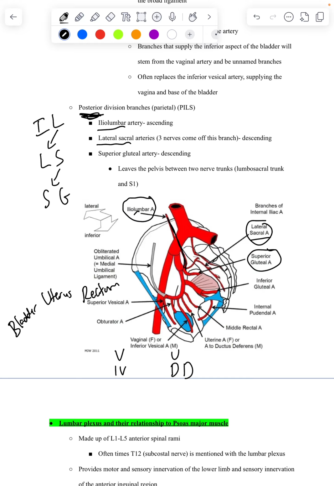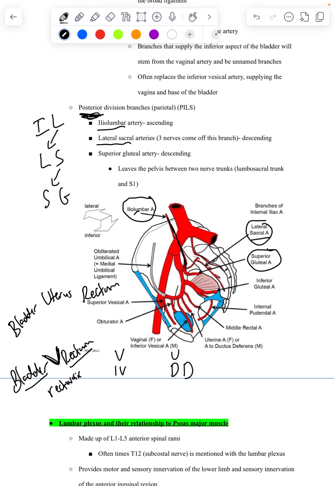So this also will tie into the different pouches when you compare males and females. Males only have the bladder and rectum, so they'll only have one pouch called a rectovesical pouch.